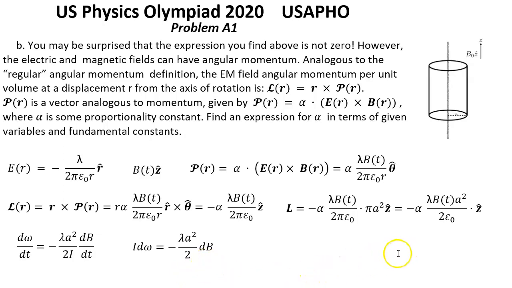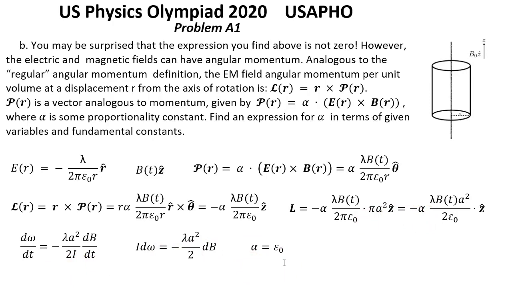If we compare it to the previous expression for the electromagnetic field, we see that as much angular momentum as we lose from the field, we gain in mechanical angular momentum. And this is true when the coefficient alpha equals epsilon 0. So that was the solution for question B.